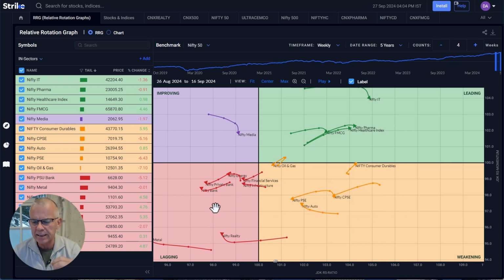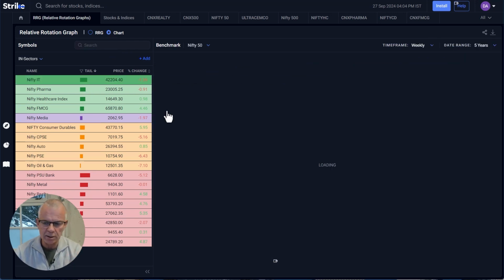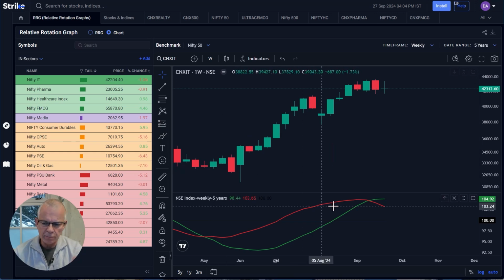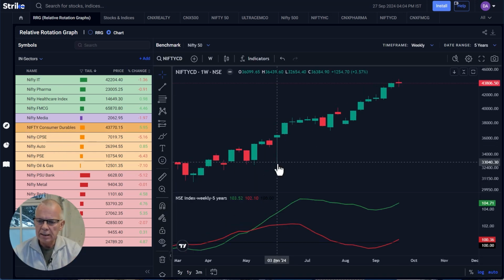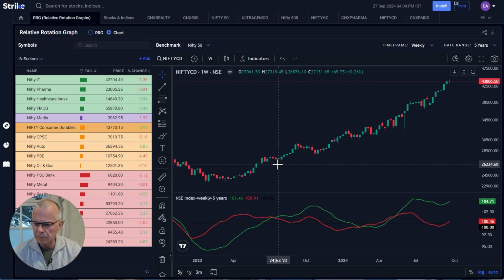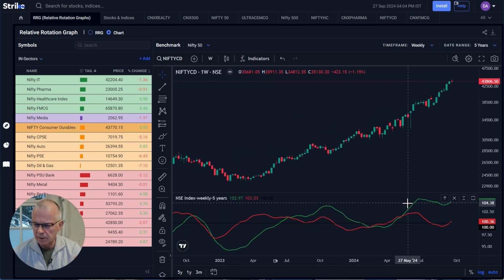What they added in the program is you can now bring up a chart, and that's quite a nice feature, I've got to say, because now I have a chart with the RRG lines, and I can bring up consumer durables and then zoom in and see what's happening. Here you've got the RS ratio line, which is at a high level, but starts to pick up, and this is the RS momentum, which indicates the little setback that we had, and it's now starting to move back up.